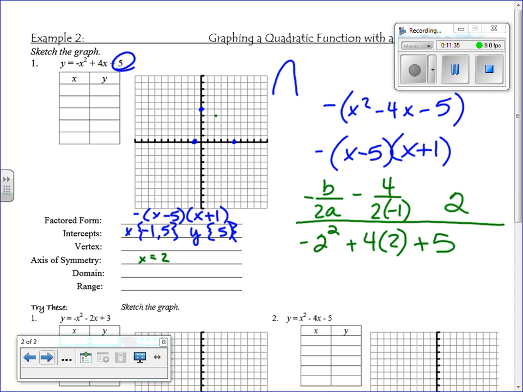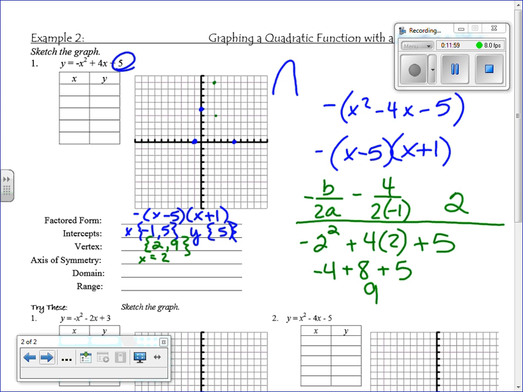So it's actually going to be negative 4 plus 8 plus 5. So 4 plus 5 is going to be 9. So my vertex is going to be 2, 9. Over 2, up 1, 2, 3, 4, 5, 6, 7, 8, 9.